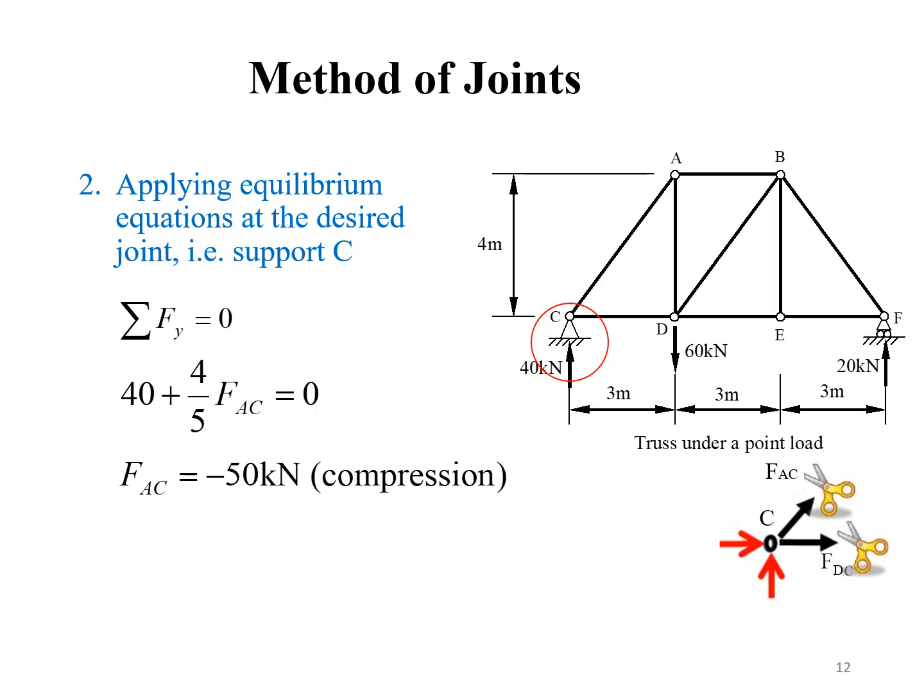Taking equilibrium of the vertical forces, the 40 kilonewton reaction force must balance the vertical component of the force FAC. And so we can calculate FAC as minus 40 divided by the sine of the angle.